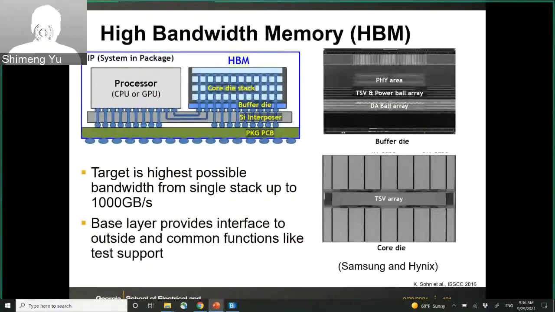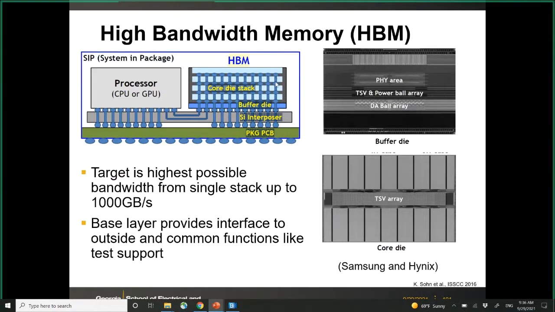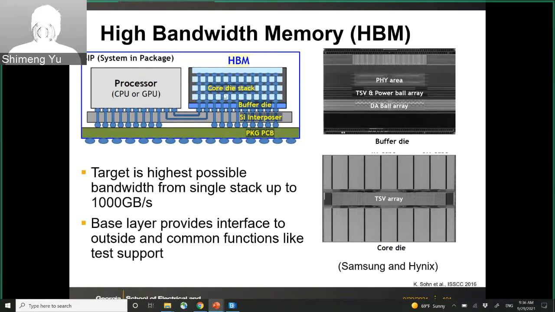Okay, so then let's talk about the HBM in more detail. HBM is high bandwidth memory. This is used to refer to the DRAM stack that is vertically integrated through the TSV and microbump. So here we have shown this kind of a schematic before.